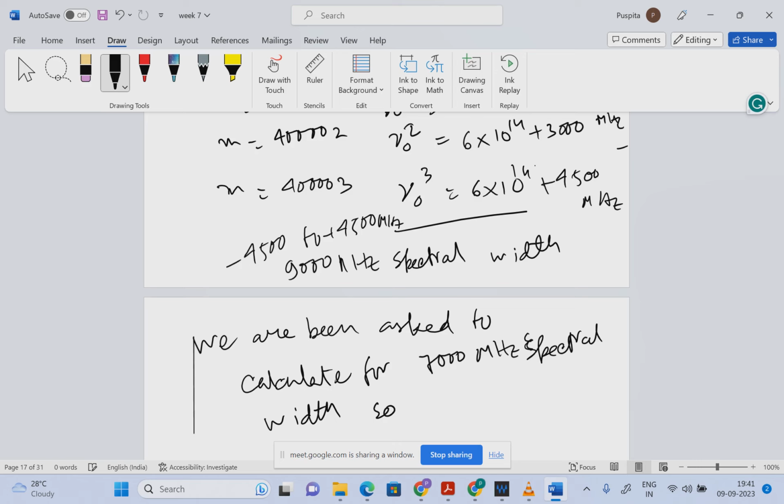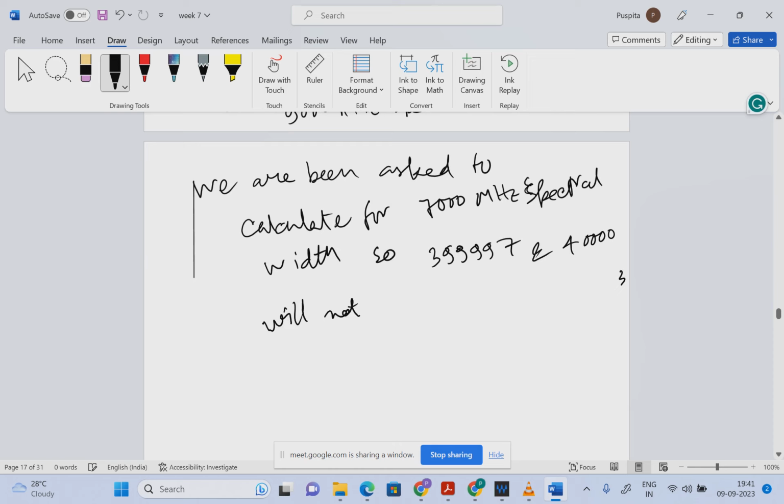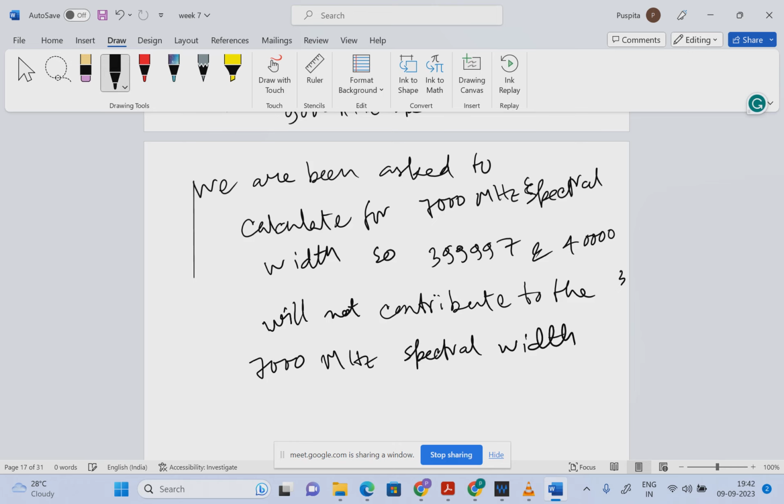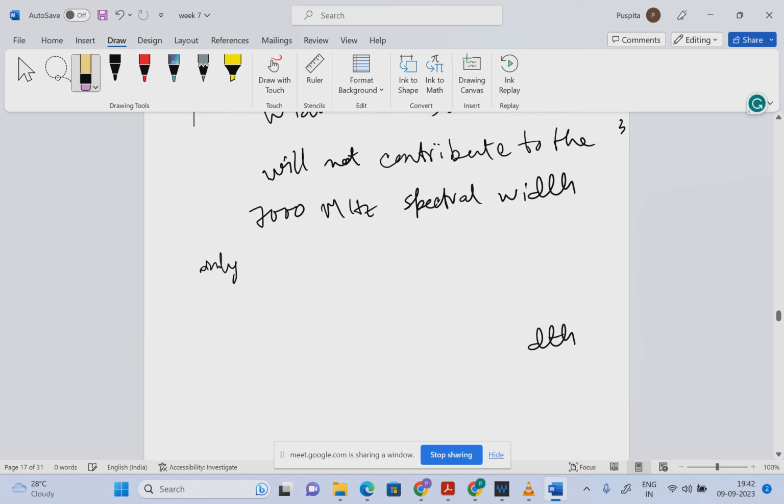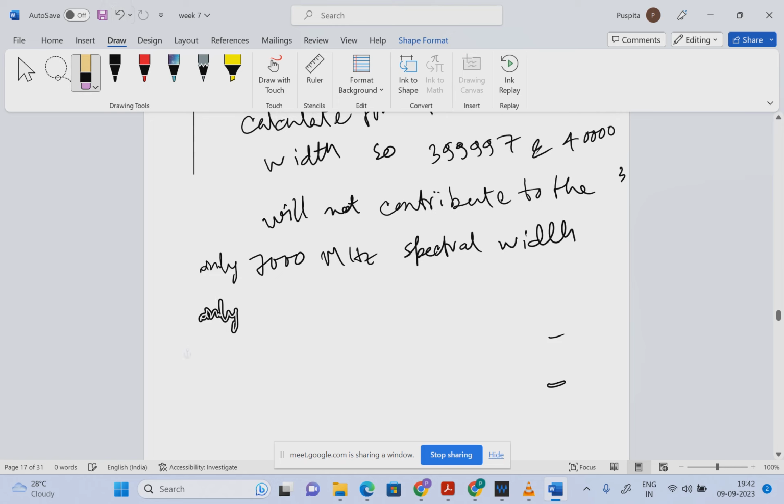So 39,997 and 40,003 will not contribute to the 7,000 megahertz spectral width. Only the ones with 3 contribute.